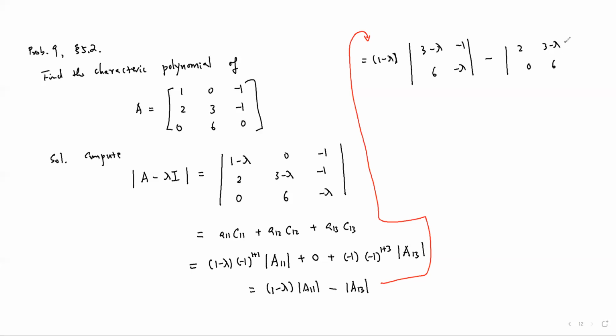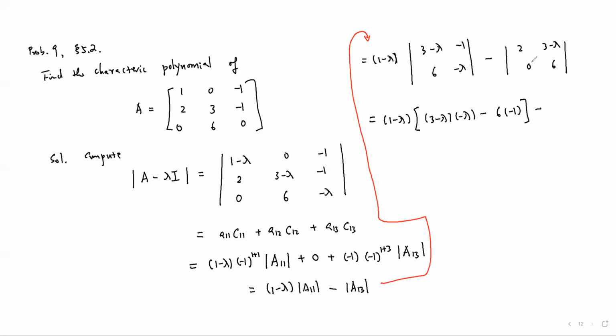Then for each 2 by 2 determinant, we have a formula: the product of the main diagonal entries minus the product of the anti-diagonal entries.